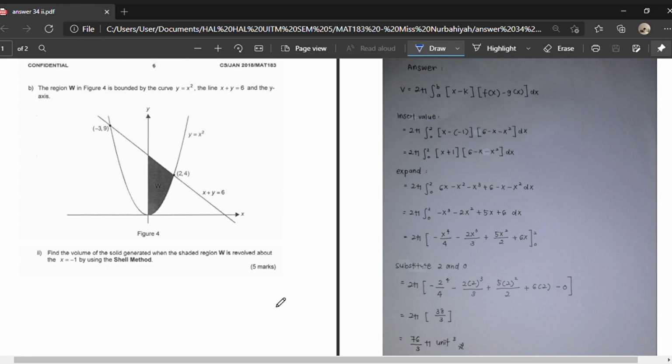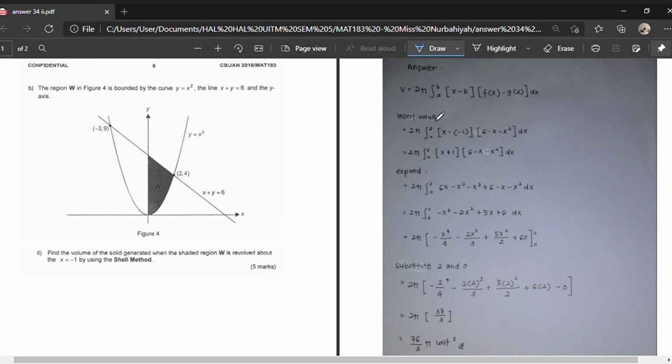Okay. As you can see here, I already stated the answer and also the formula for this question. The formula is volume V equal to 2 pi integrate a to b in a bracket x minus k in a bracket f(x) minus g(x) dx.